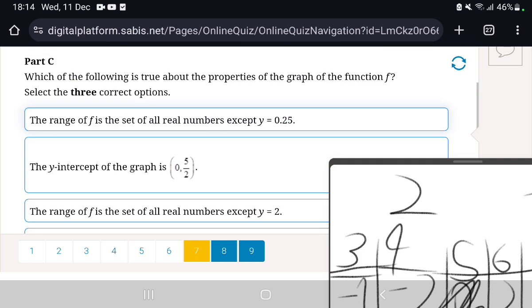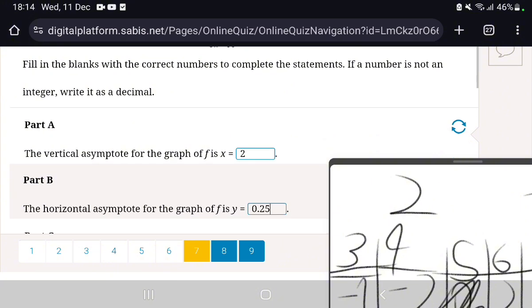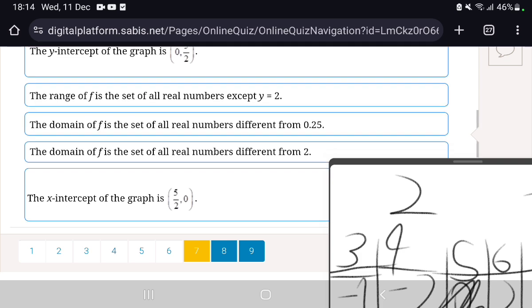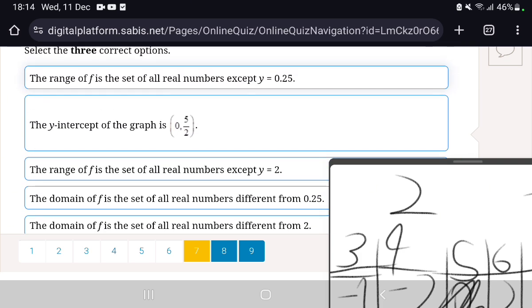To find the y-intercept, we substitute x by 0 and we get that the y-intercept is 5 over 16, which is not here.